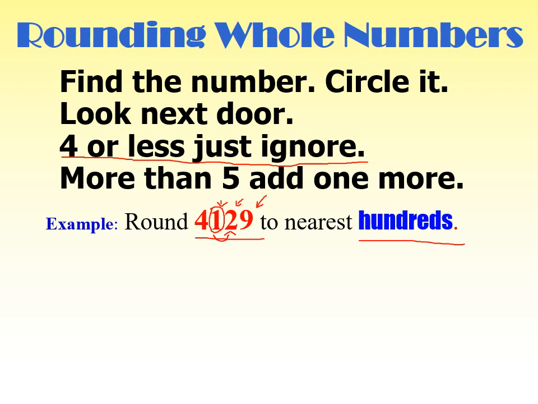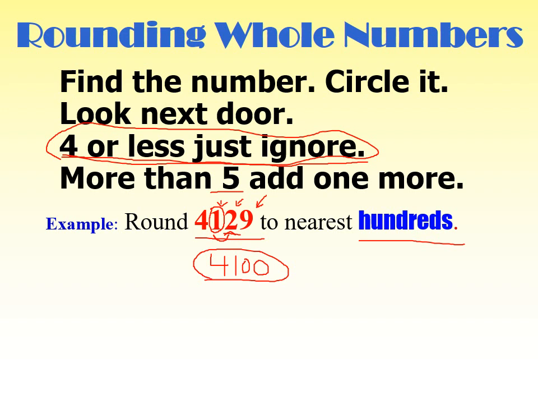So we're going to round down to 4,100. Because this 2 next to our hundreds is less than 4, we're not going to add 1 to our hundreds because it's not 5 or more. So we're able to round down here.